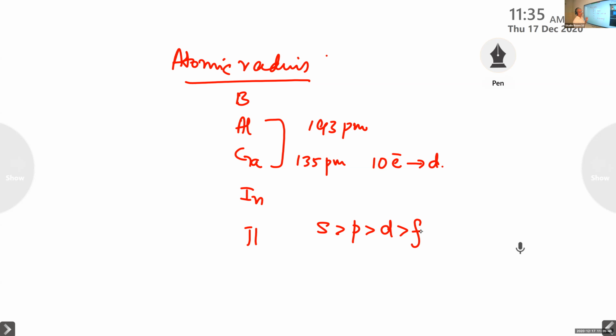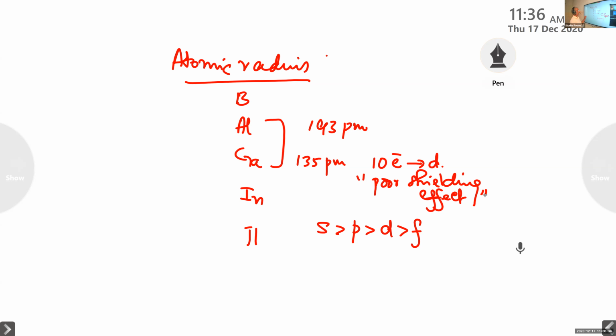There is an increase in the atomic number by 10 units, but the shielding effect of the 10 d electrons is less. So due to the very poor shielding or screening effect of the d electrons, the outermost electrons are pulled strongly towards the nucleus, and so there is a reduction in the size of the gallium atom.